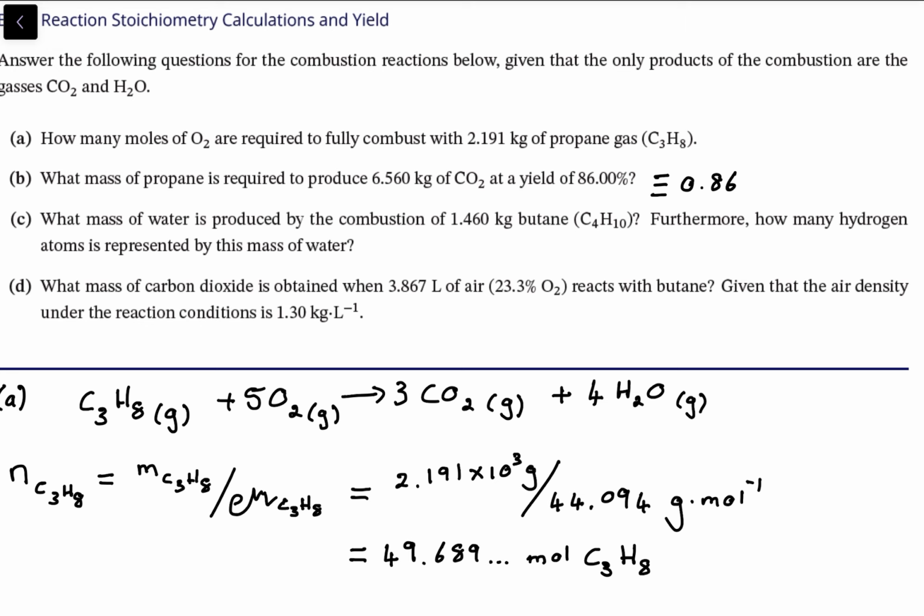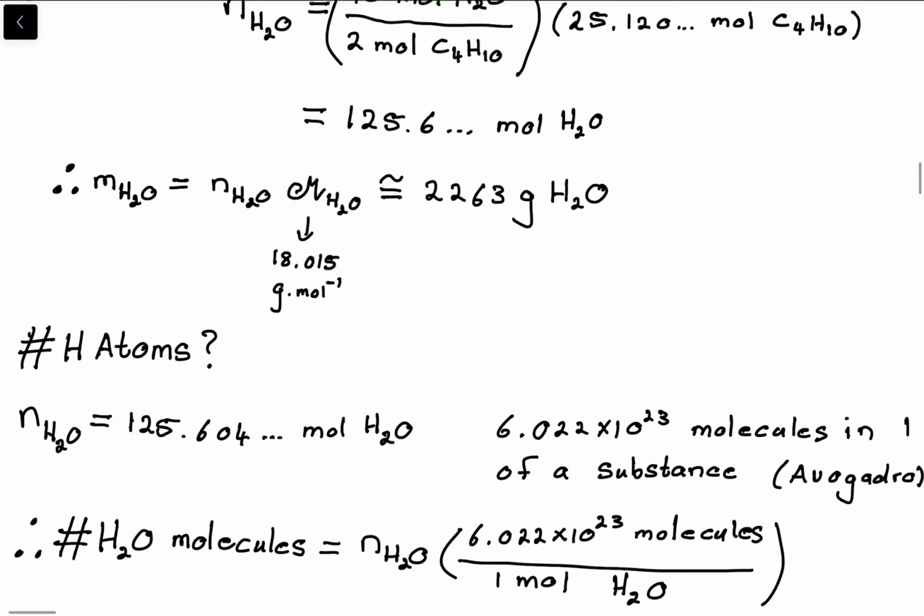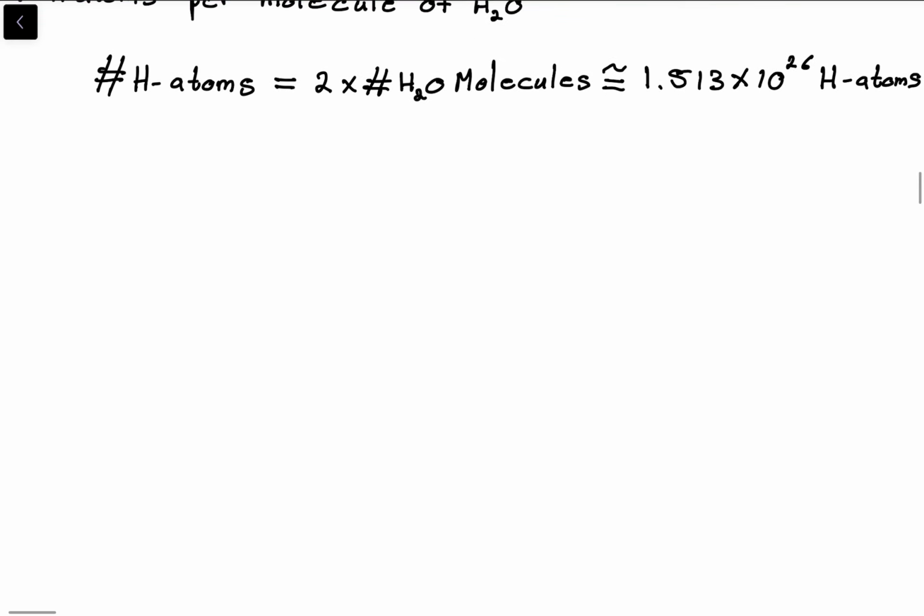So we're given a volume of air, and we're given the percentage that oxygen makes up of that air, and we're given a density for the air. So we can calculate the mass of air, and then we can calculate the mass of oxygen of that, and then of course we can get the number of moles of oxygen, and we can relate oxygen and carbon dioxide.